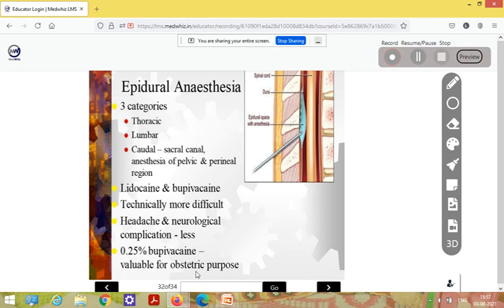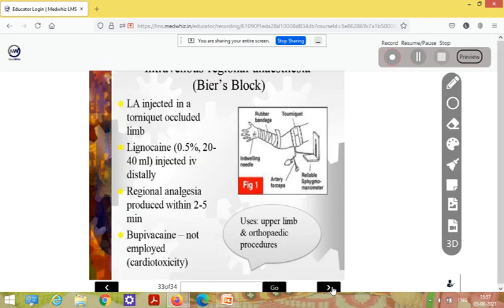There's going to be a distinct demarcation between sensory loss as well as the motor impulses. So the lady can still actively take part in the labor. And when compared to spinal anesthesia, headache and neurological complications are going to be less. So epidural anesthesia, though technically difficult, has a few advantages.